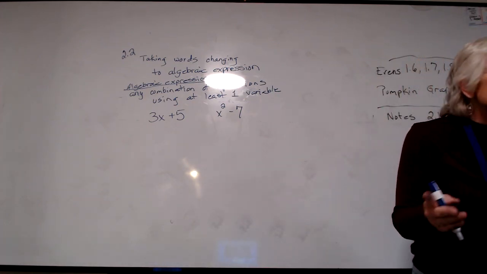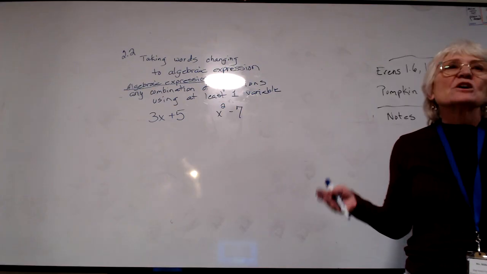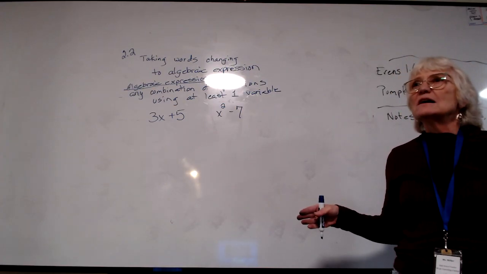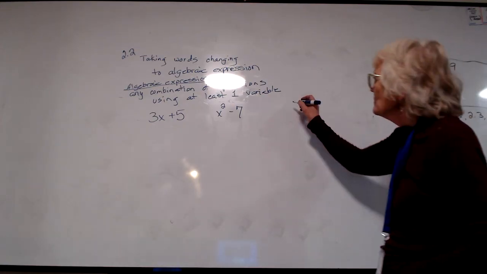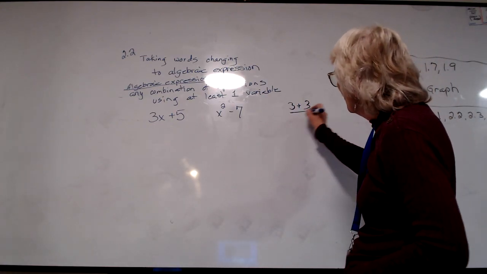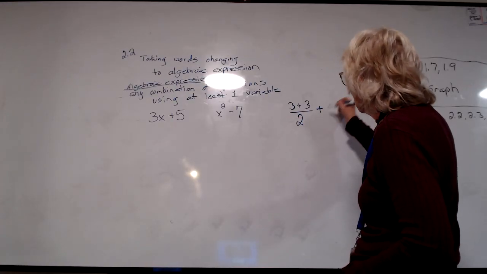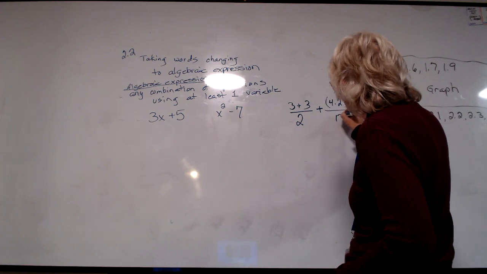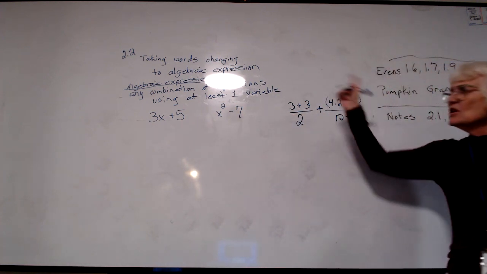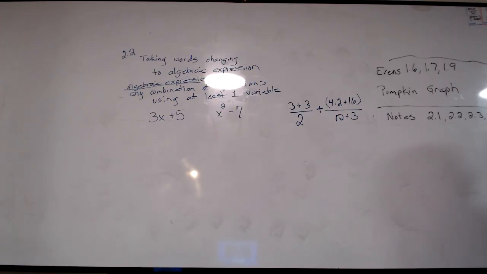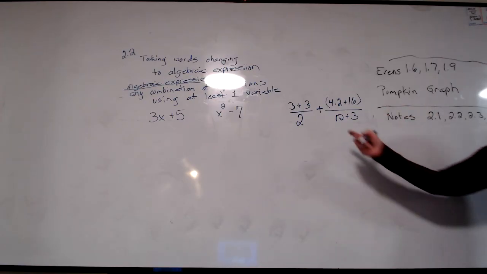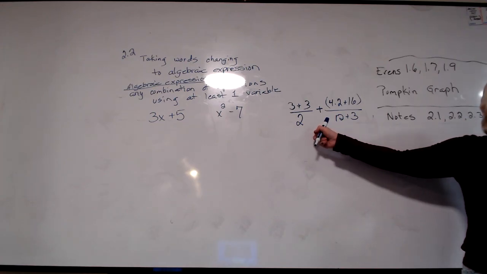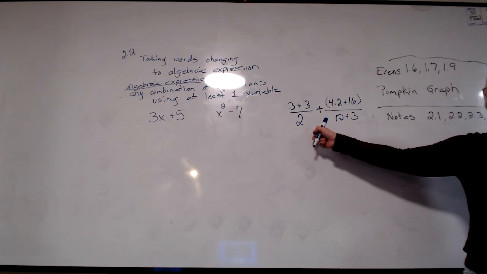The one thing I like to note when you're doing algebraic expressions, which you were doing in order of operations, none of those had equal signs. If you remember them, they were like 3 plus 3 over 2 plus, I can't remember, 4 times 2 plus 16 over 12 plus 3. Okay, notice there is no equal sign in there. That's an expression. This is a numeric expression because it gives you all numbers. It's not algebraic because there's no variable in it.